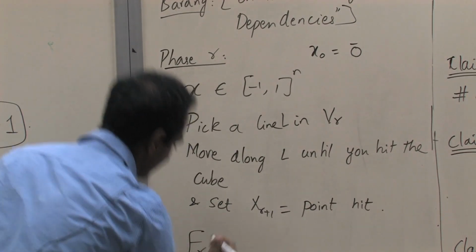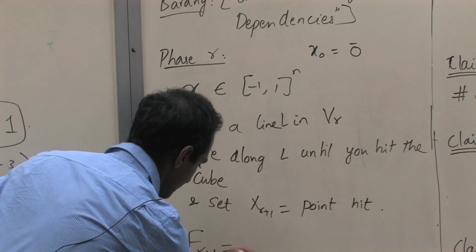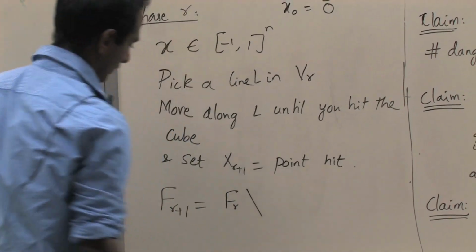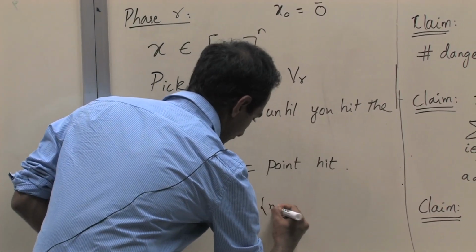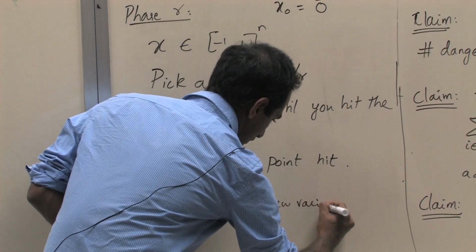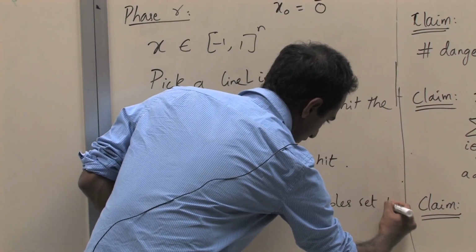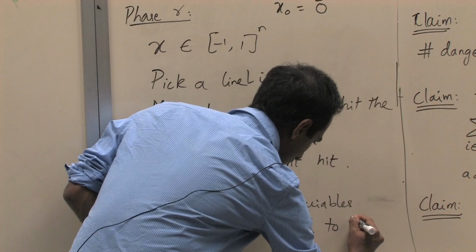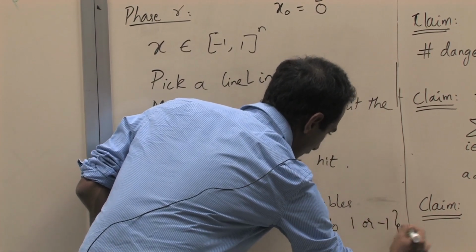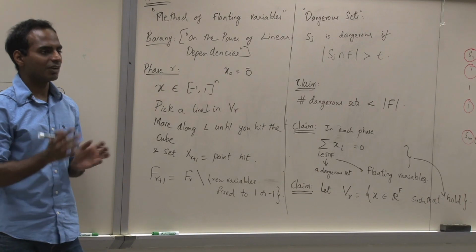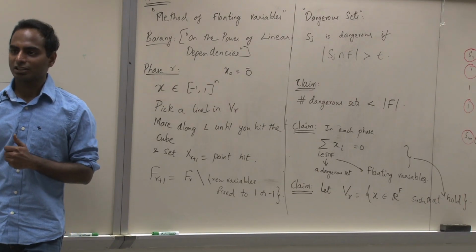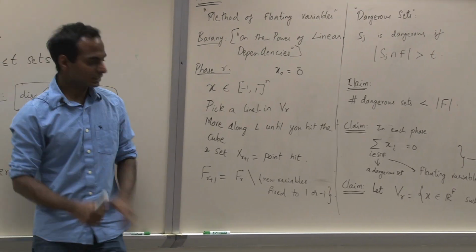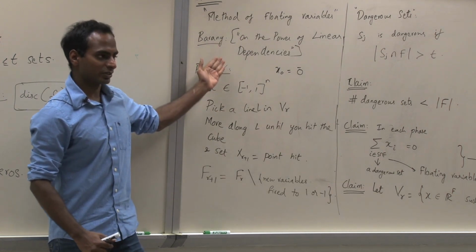So you have your original collection of floating variables, and you fix some of the things to 1 or minus 1. So just remove them from your set of floating variables. This gives your f_{r+1}, and then you repeat the process.